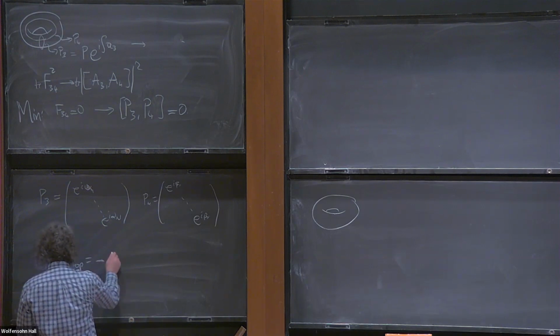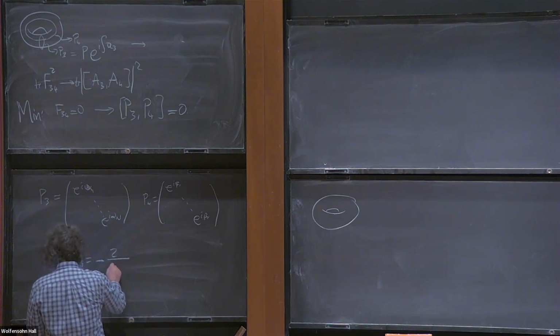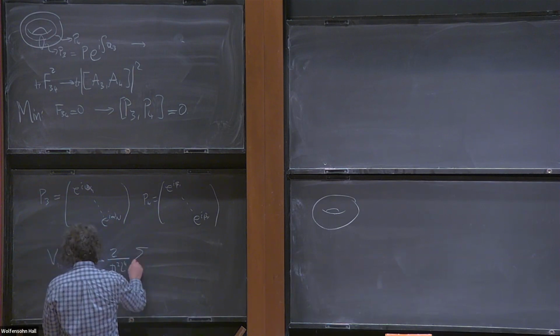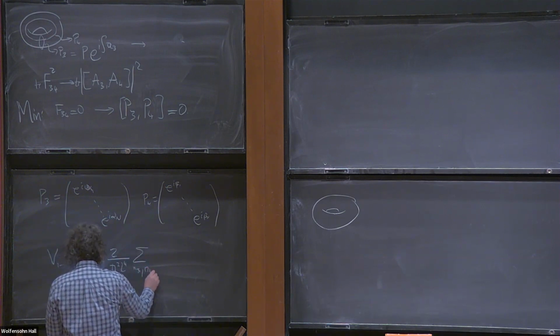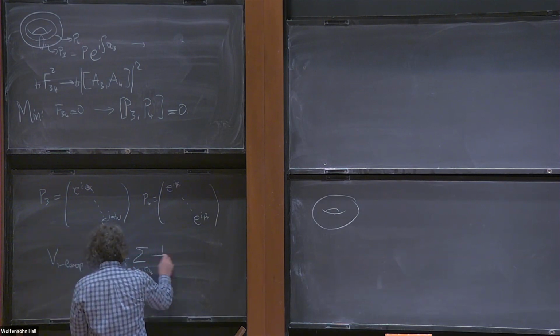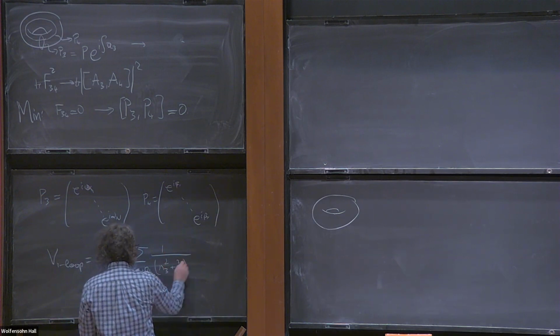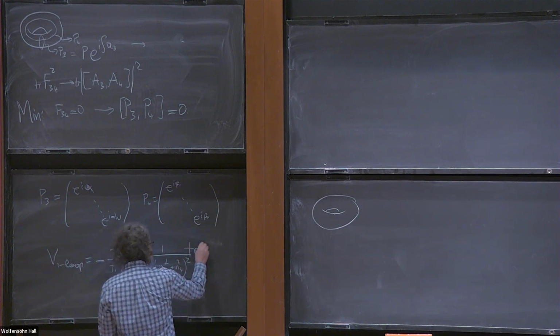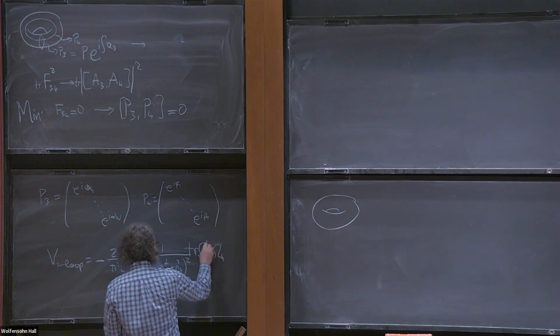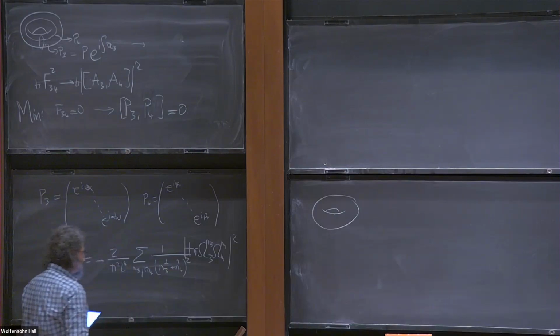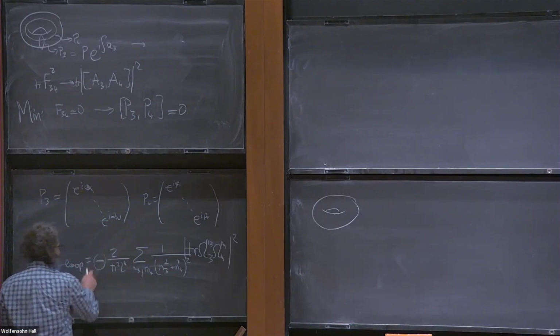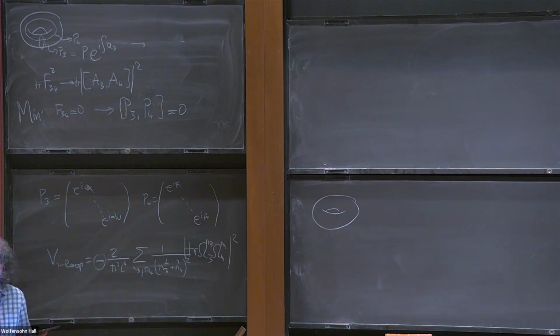It is minus 2 over pi squared L to the 4, sum over n3 and n4 of 1 over (n3 squared plus n4 squared) squared, times the trace of Omega3, Omega4 to the power n3, n4, modulus squared. The most important thing about this potential is actually this sign up front. It tells you that both of these Polyakov loops are tachyonic.